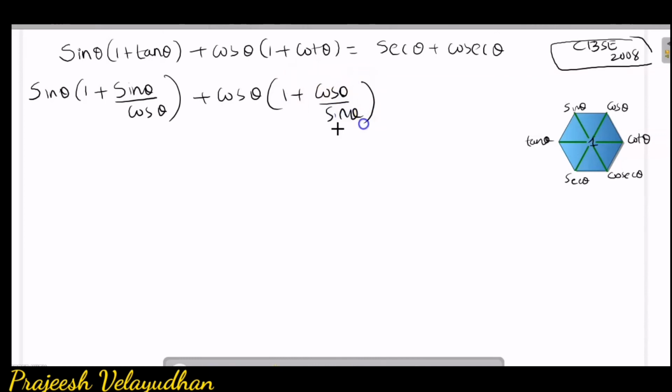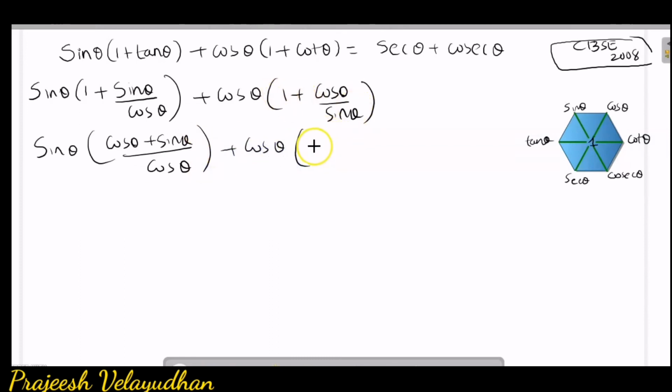Now we know this is a fraction. First we need to simplify inside the bracket. So there you have to do cos theta plus sin theta upon cos theta. Close the bracket, and cos theta outside, and inside the bracket again you have to simplify: sin theta plus cos theta upon sin theta.